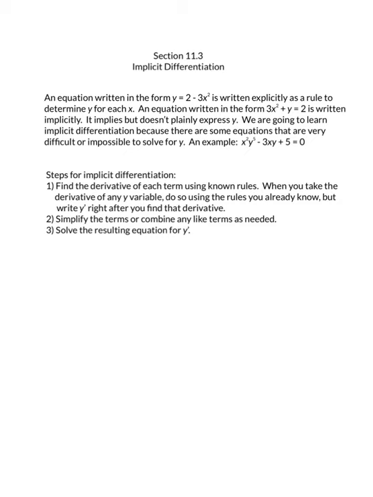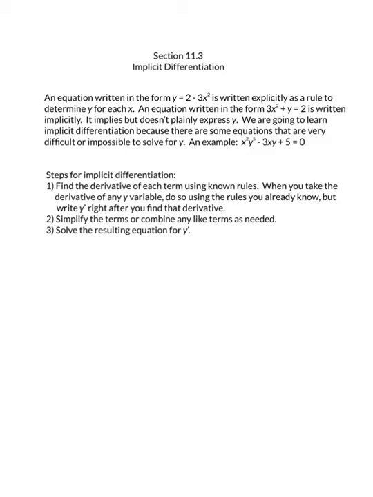The steps that you are going to follow when you use implicit differentiation are as follows. You are just going to find the derivative of each term using the rules you already know. We have no new rules in this.